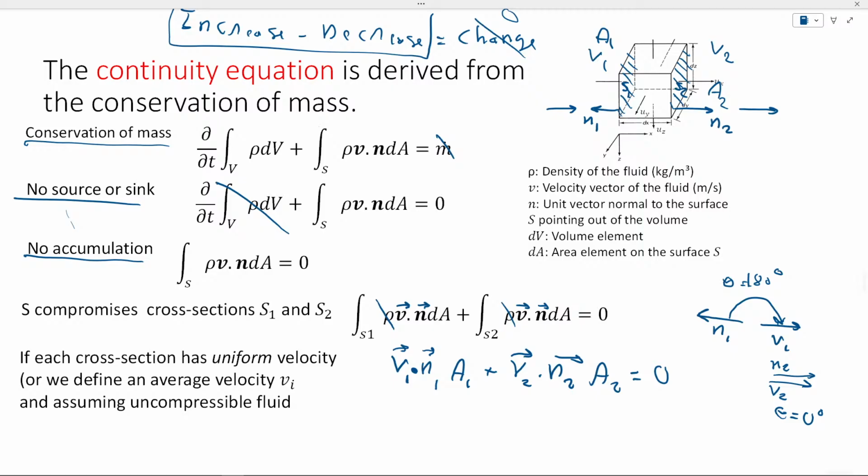So do you remember how to do the dot product of two vectors? The dot product of two vectors is equal to V1 N1 cosine theta, and theta in that case would be 180 degrees, plus V2 N2 cosine 0. If you don't remember the dot product of two vectors, that's fine.